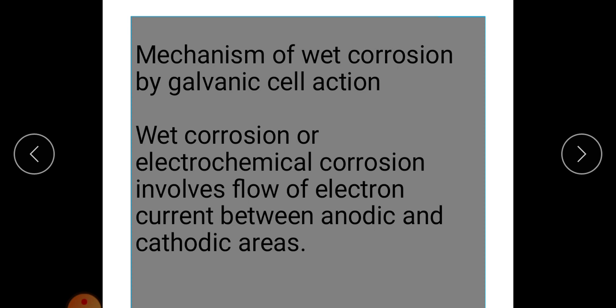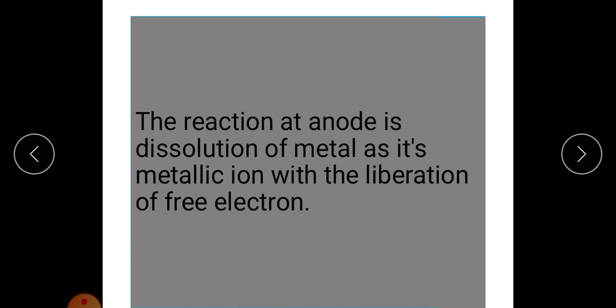So, here is the mechanism of wet corrosion by galvanic cell action. Wet corrosion or electrochemical corrosion involves the flow of electron current between anodic and cathodic areas. I already explained it: the flow of electrons occurs between Zn and copper.